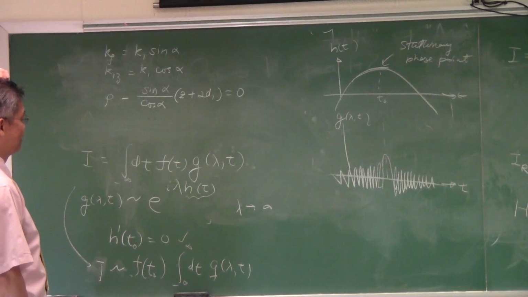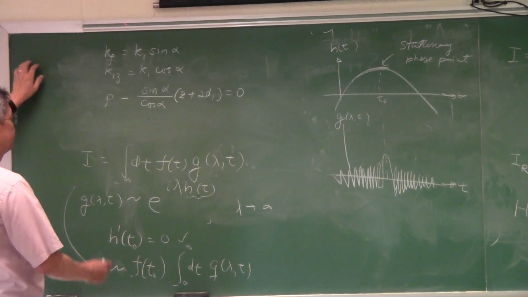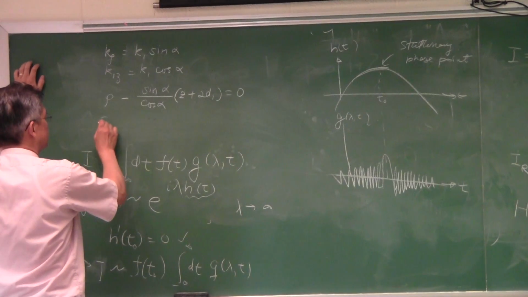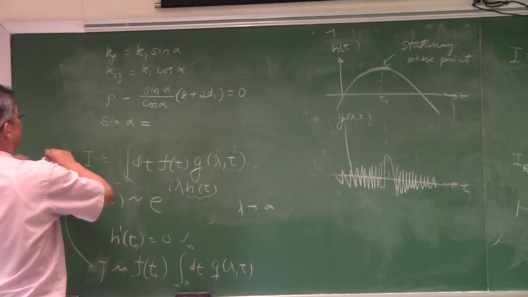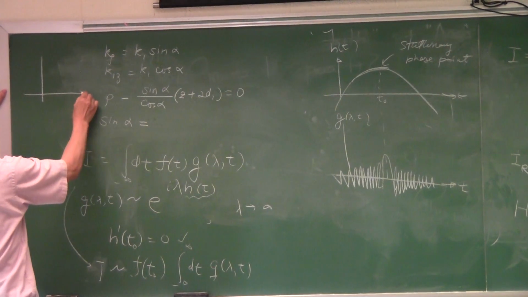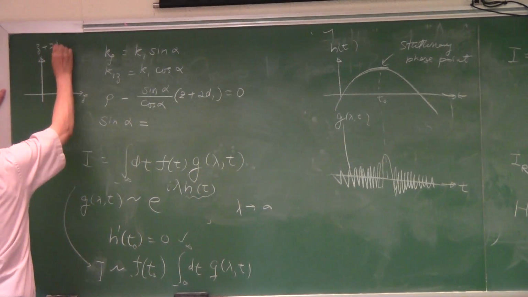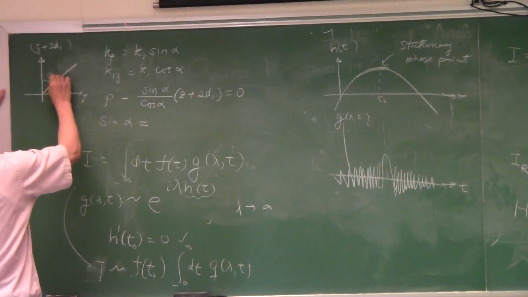And you can probably see that the solution to this equation is that if I pick sine alpha to be equal to... actually I can use the coordinate system to help you, z plus 2d1, and you can think of this as being theta.